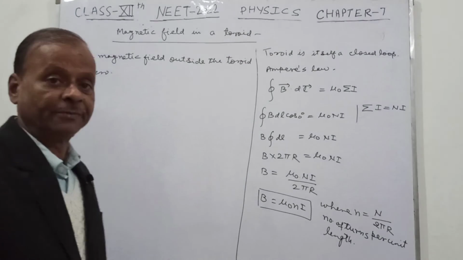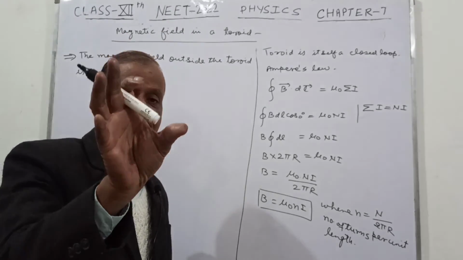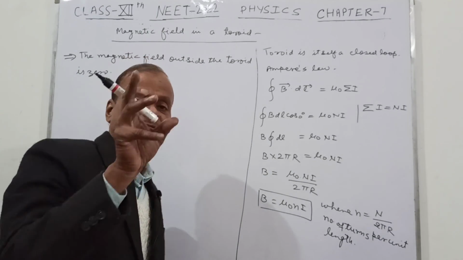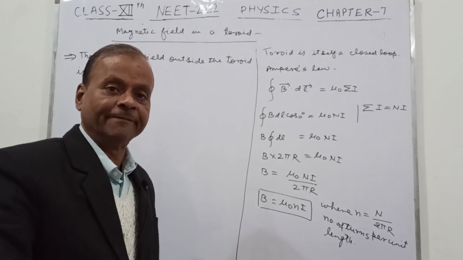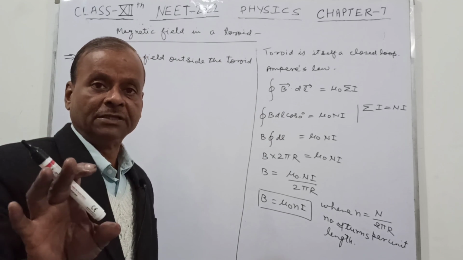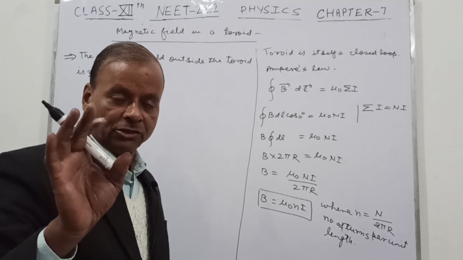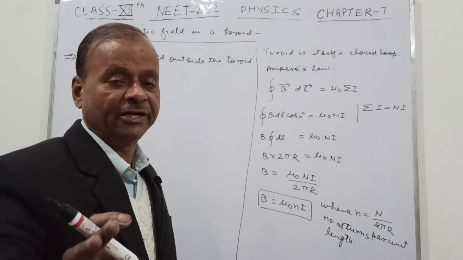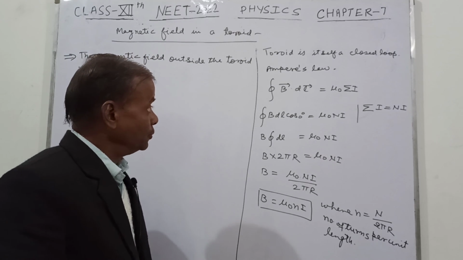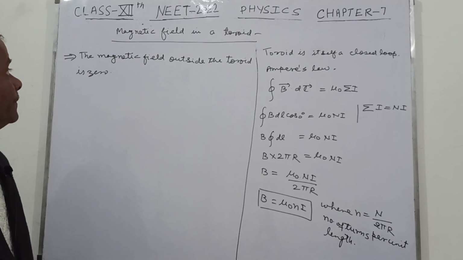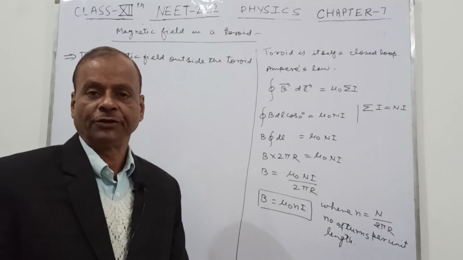In the space in the middle of the toroid, the magnetic field is also 0, and outside it is also 0. So the magnetic field is only inside the toroid. Out of that, the magnetic field is always 0. So this is about the magnetic field in the toroid.